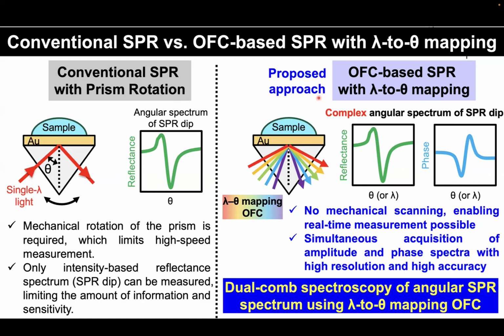Conversely, the proposed method is based on dual-comb spectroscopy of the angular SPR spectrum using lambda to theta mapping OFC. Such an approach does not need mechanical scanning, making real-time measurement possible. Also, the simultaneous acquisition of optical amplitude and phase spectra with high resolution and high accuracy can be used for the measurement of the complex angular spectrum of the SPR dip.